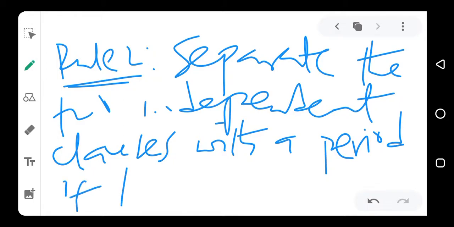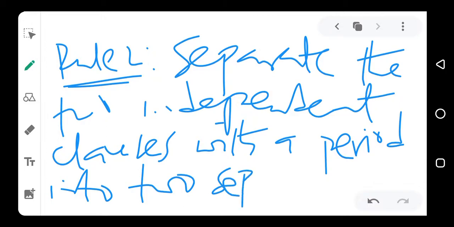They must not necessarily be in a single sentence. Or separate the two independent clauses with a period into two separate sentences.